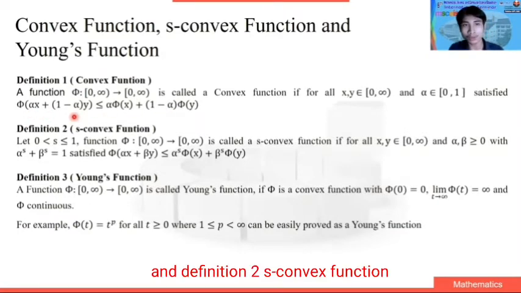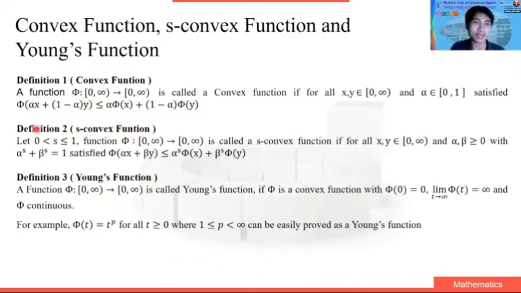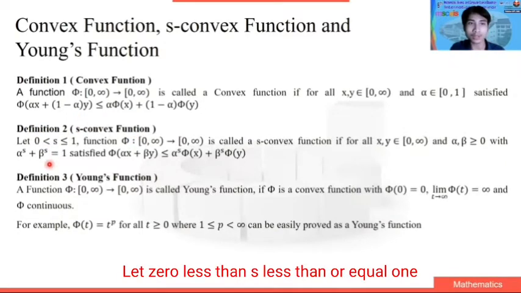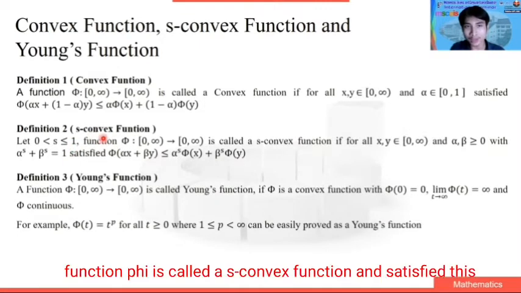And definition 2, S-convex function. Let 0 less than s less than or equal to 1. A function phi is called an S-convex function if it satisfies this.